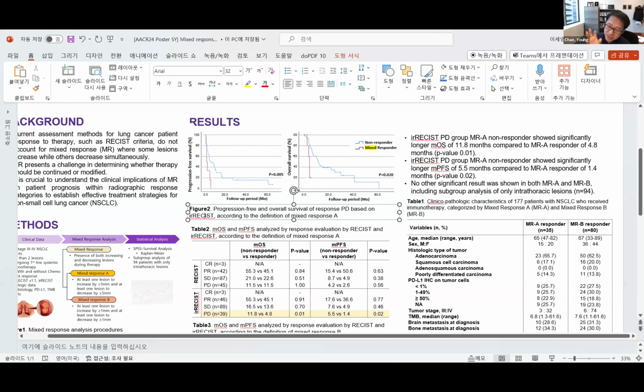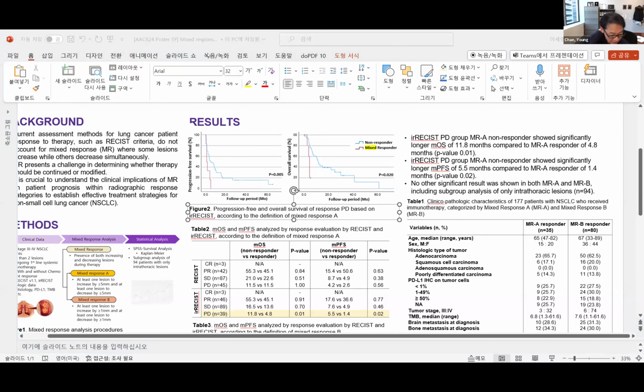So is it the best response PD or the first scan PD? It was best response. Best response PD. So you're separating by mixed response versus non-mixed response, which are all progressors.